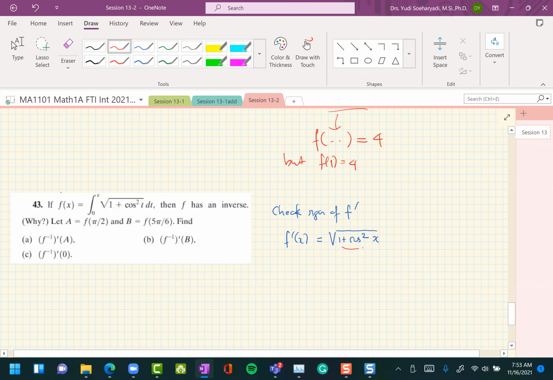All right, so because what you have here, cosine squared, is non-negative, so at least 0, but you add 1, so it makes this positive. Take the square root, and then you always have this positive for any x.